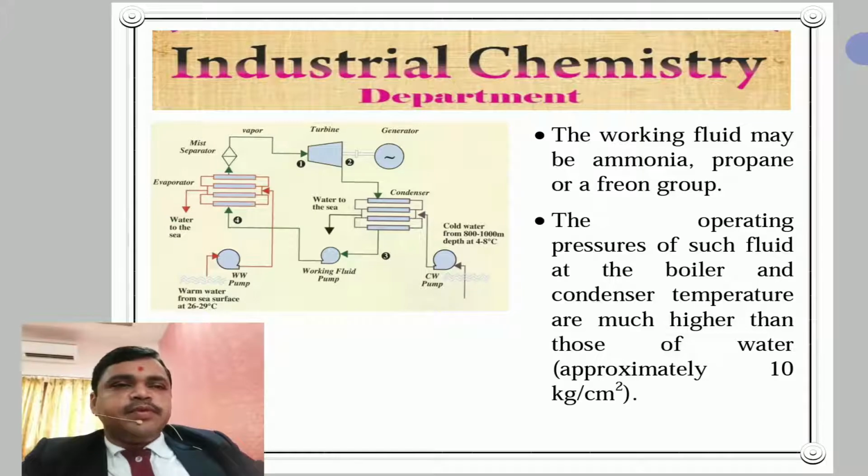It is a very important point to note that the operating pressure of such fluids, ammonia, propane or freon group, at the boiler and condenser temperature is much higher than that of water, approximately 10 kg per centimeter cube.